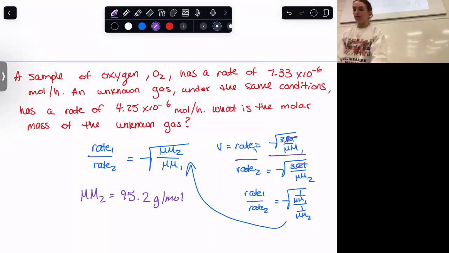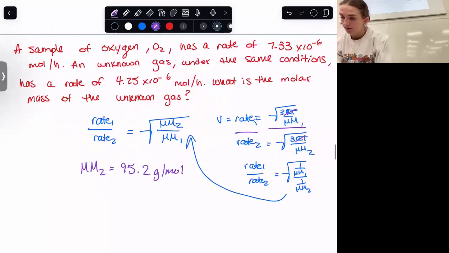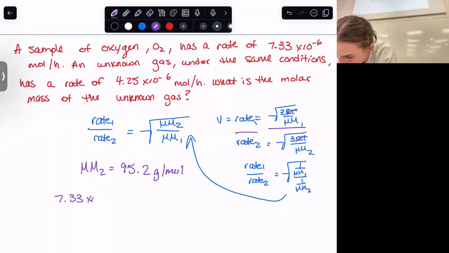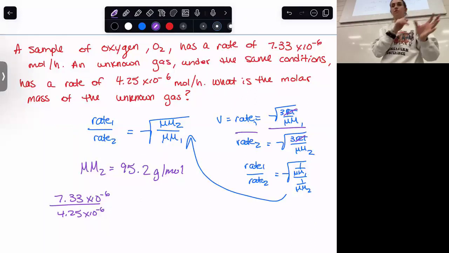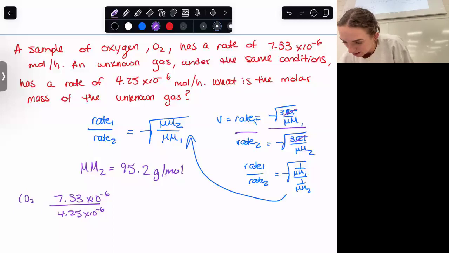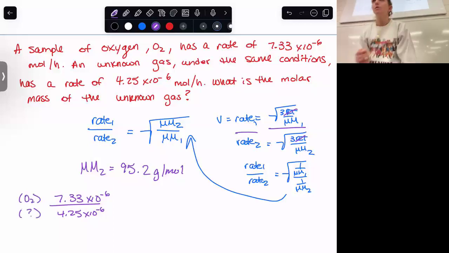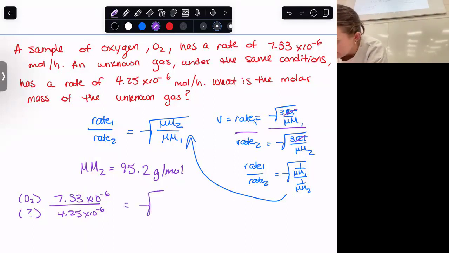Okay, and how we just set this up. We said that this was 7.33 times 10 to negative 6 over 4.25 times 10 to negative 6. Sometimes I just write in parentheses what that's for, right? So this is for my oxygen gas and this is for my unknown, so I keep track of what it is. And then I'll have my molar mass and my molar mass 2.